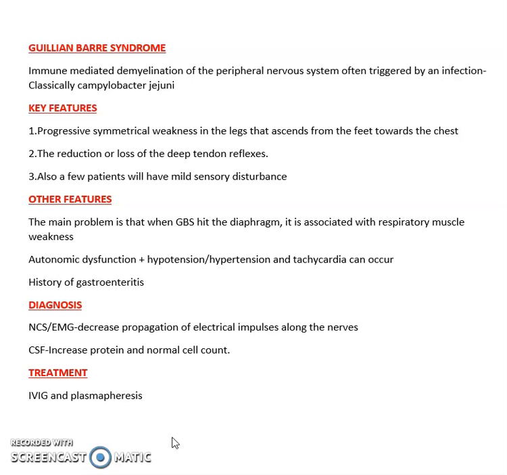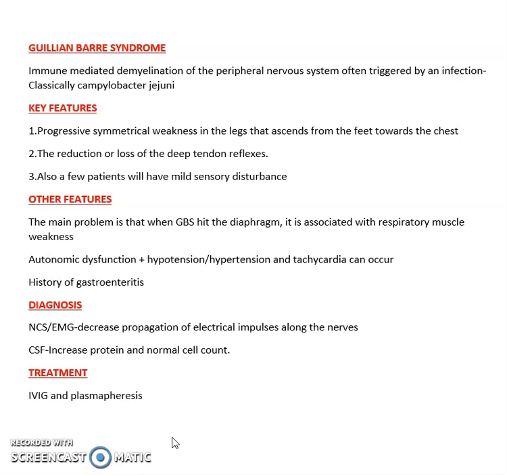Okay, then it goes up. So if you can recognize these features, when we have this question in the exam, we will be able to answer it. Again, look for a patient who has a history of diarrhea, then a couple of days after developed ascending weakness of the muscles.